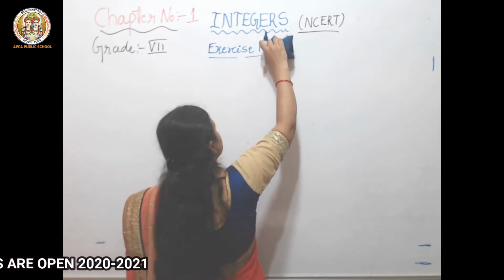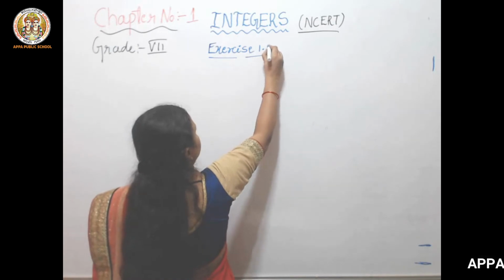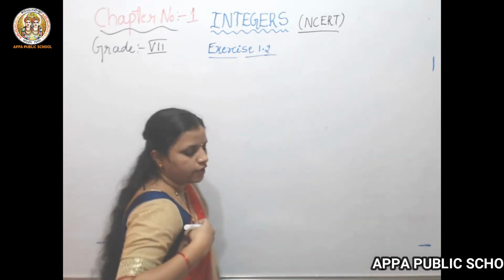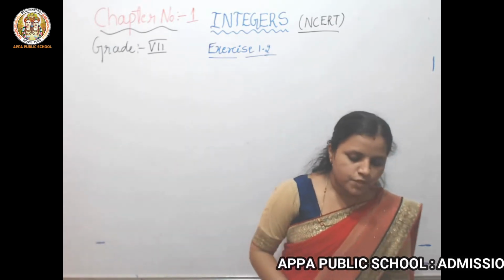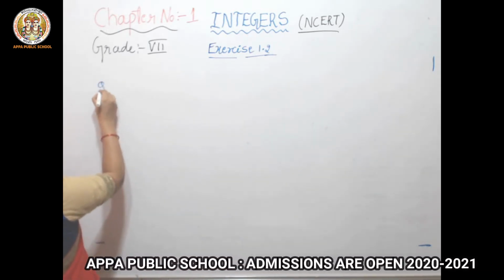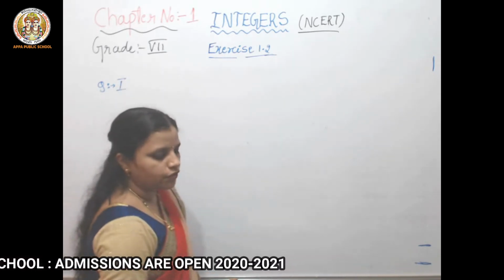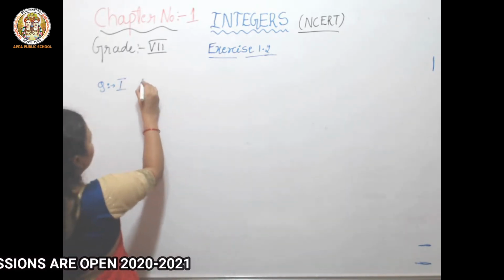The next is exercise 1.2. So the first question you see in exercise 1.2, the main question. The first question: write down a pair of integers.